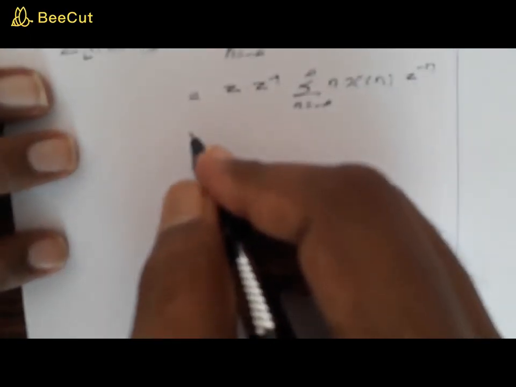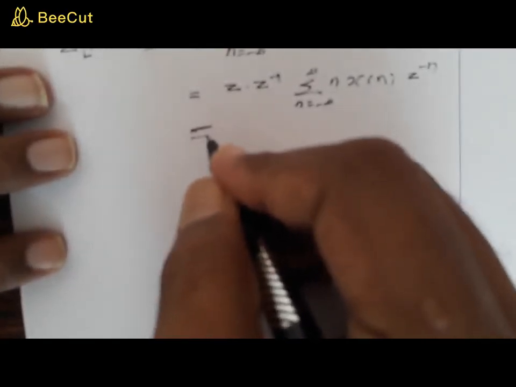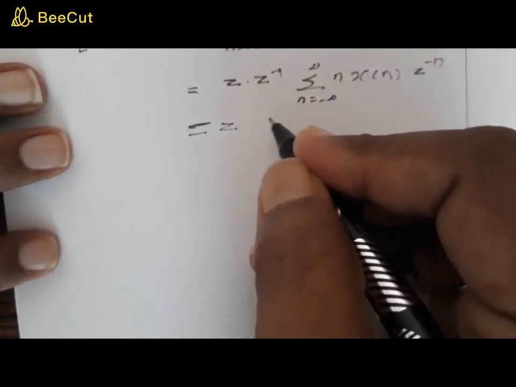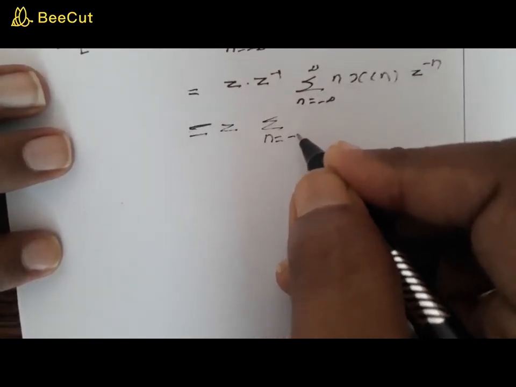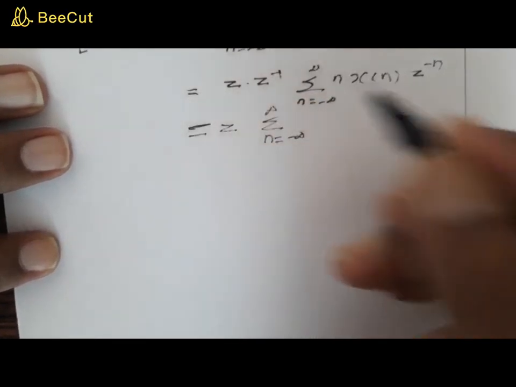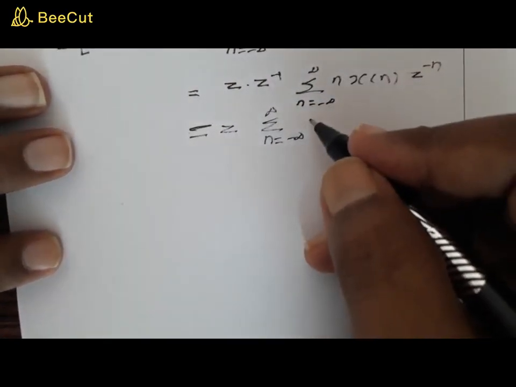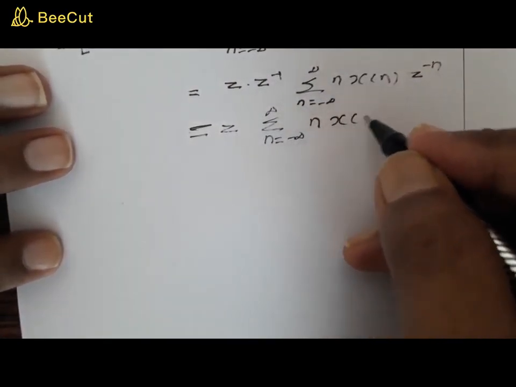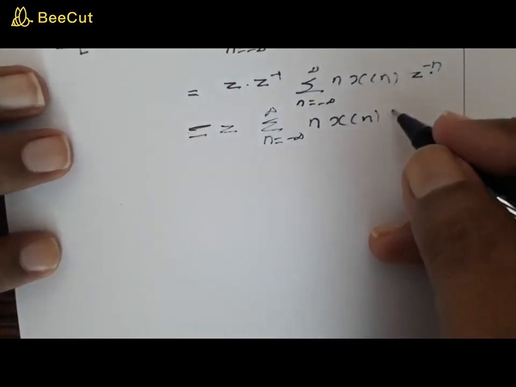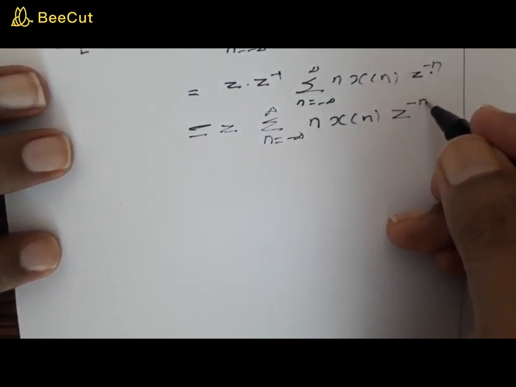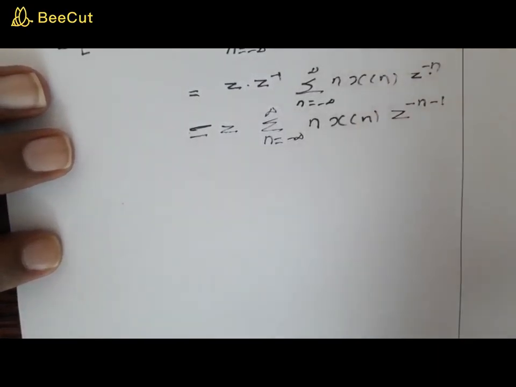Now I am keeping this z outside and taking this z inverse into the summation. There is no problem in taking that. So this is n into x of n, and combining this z raised to minus n and z inverse, you can write it as z raised to minus n minus 1.